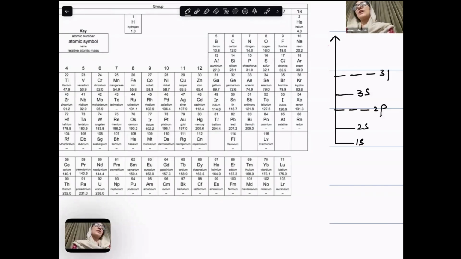And after 3p, the electron will enter into 4s, and then 3d. Once electrons enter 3d, due to repulsion, the energy of 4s will be more than 3d, but we have to fill the orbitals this way. Since we are doing it for phosphorus, how many electrons? 15.